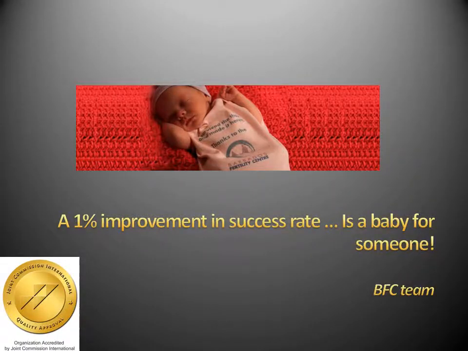At Barbados Fertility Centre, we have always believed strongly that a 1% improvement in success rates is a baby for someone. In the case of immune treatments for immune implantation failure, this is one of those examples where thinking about it, identifying it and treating it has a phenomenal impact on successful outcome.